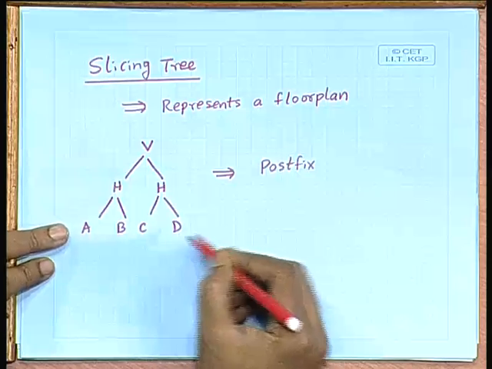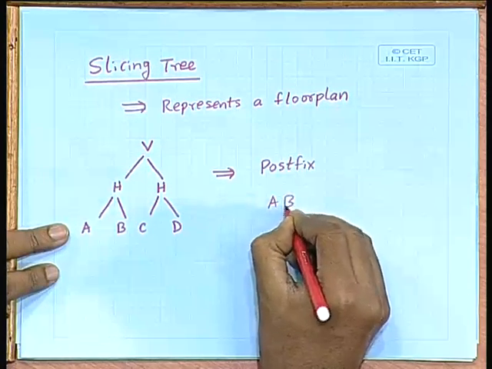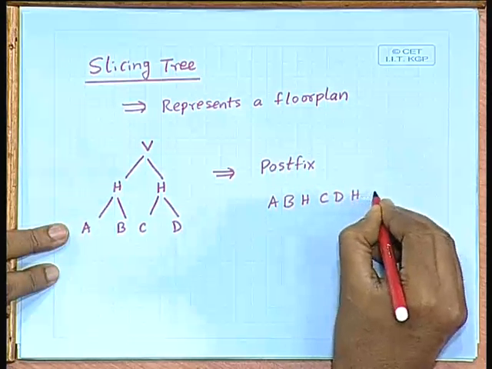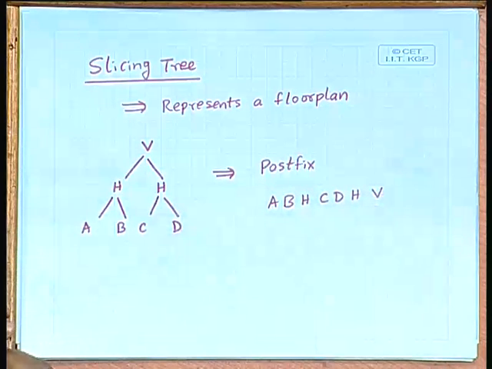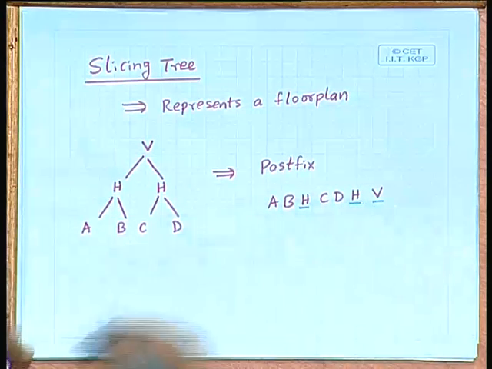This tree in Polish postfix notation will be A, B, H, C, D, H, V, where H and V are the operators, and A, B, C, D are the operands.